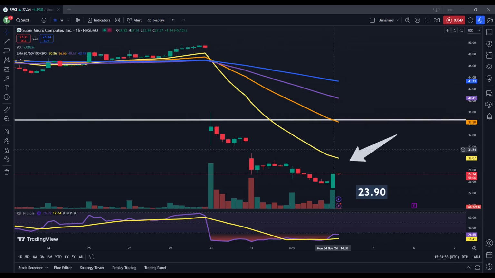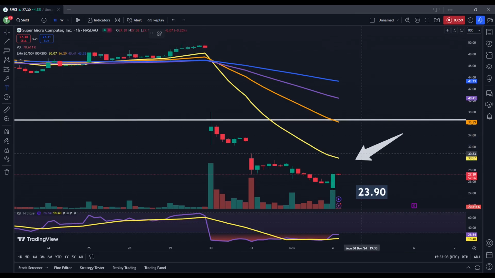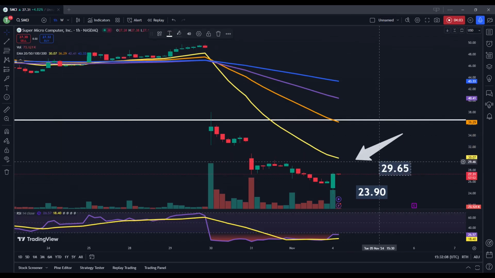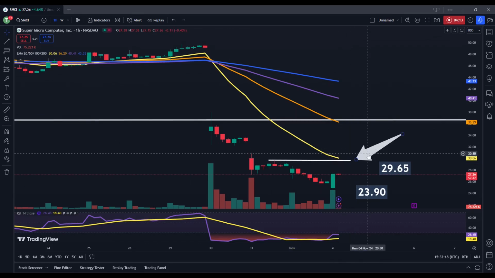So all we really have at this point is the price chart, and at the moment, what we're looking at is a potential resistance zone that comes in right around 29.65. That would be this price level here, which does represent a fairly significant gain from those lows, if we were to see that happen.